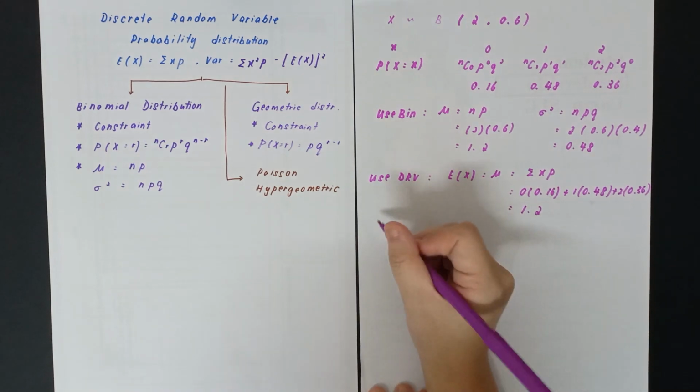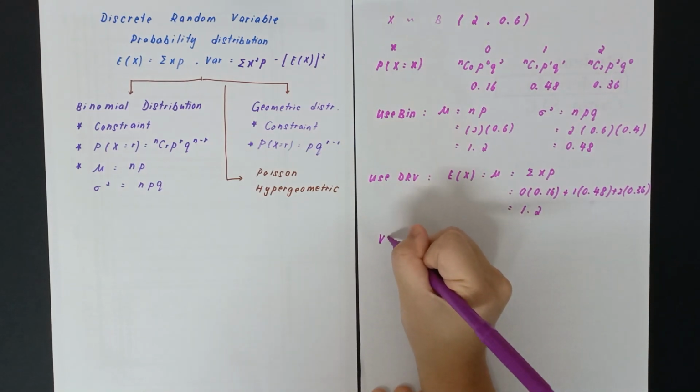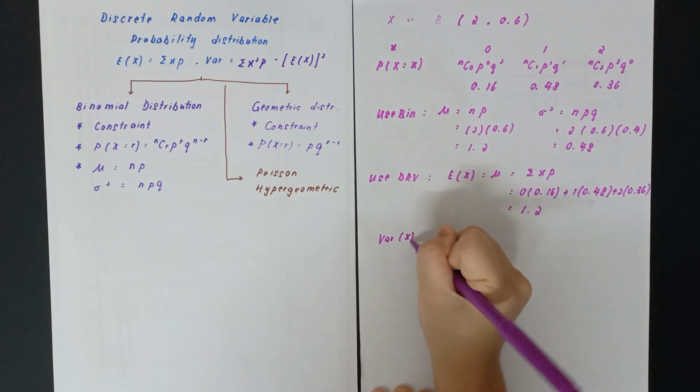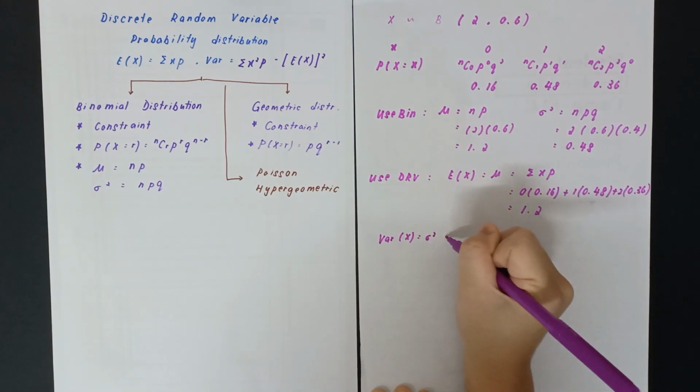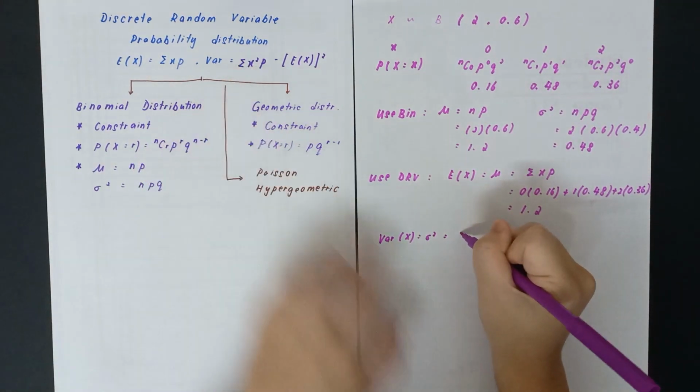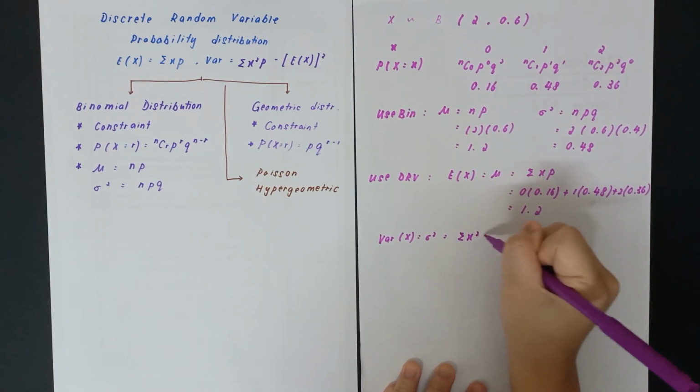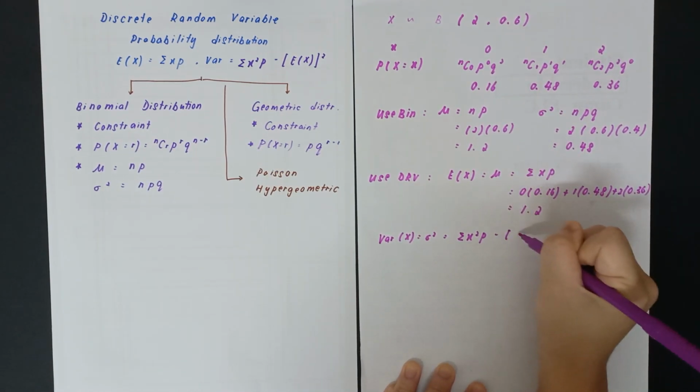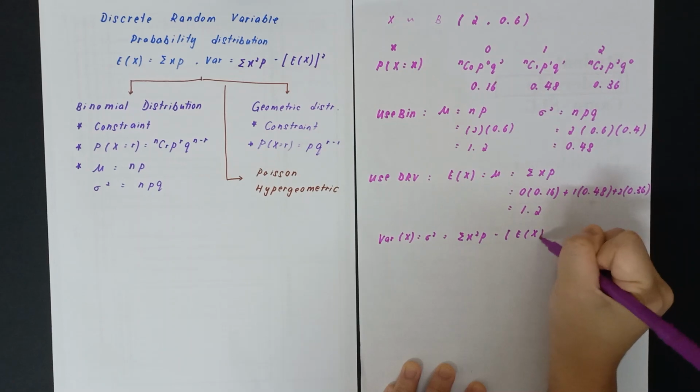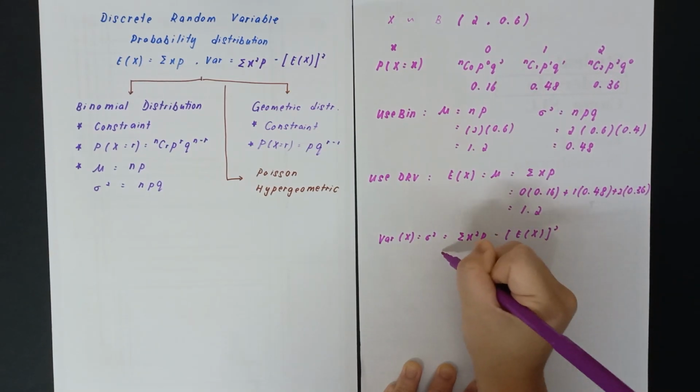Let's say I am going to do my variance. My variance will be equal to the sum of every x squared times p, then minus the mean that I have.